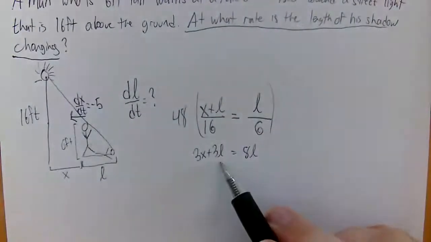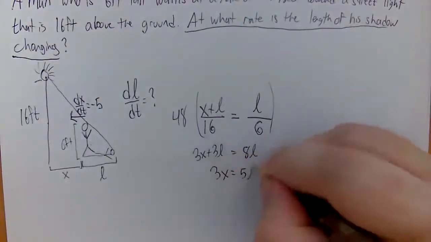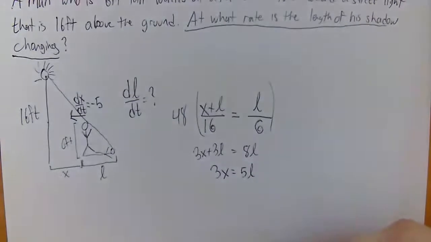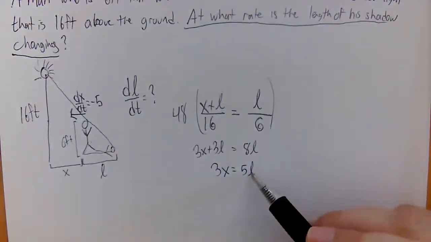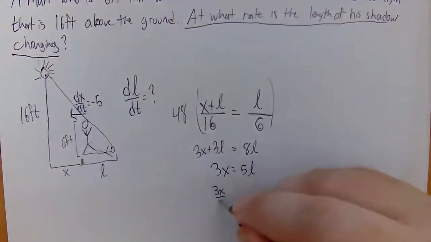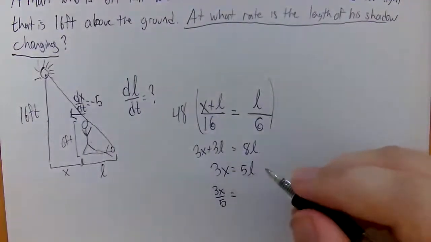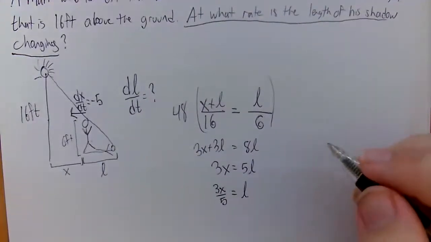And so when we subtract here, we have that 3x is going to be 5L. So this is what we're going to end up having here. All right, so now we're interested in dL/dt, so I'm just going to isolate L. So we have 3x over 5 is L right here.